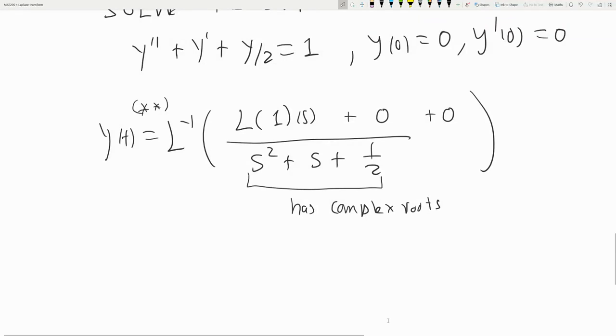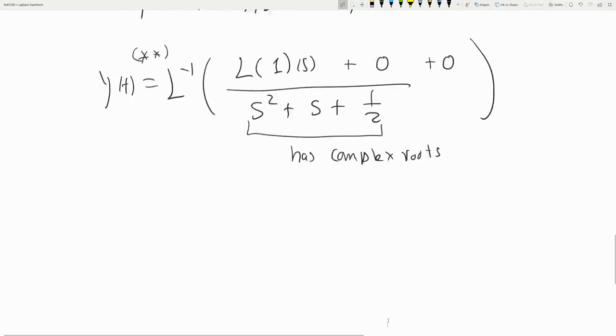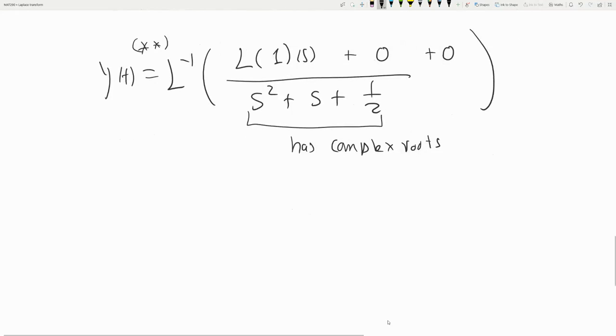So let me do that. So first, L of 1. This is t to the 0. So it's just 1 over s. So that's easy.